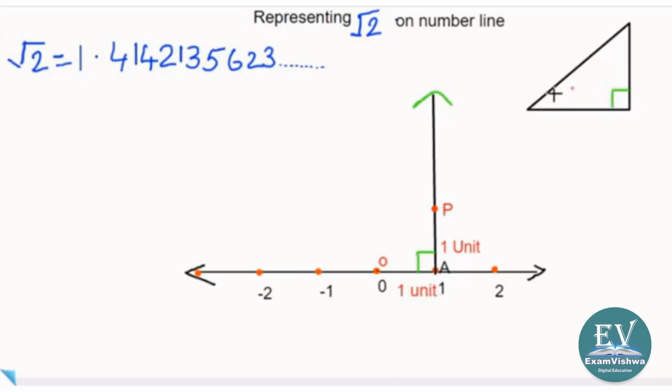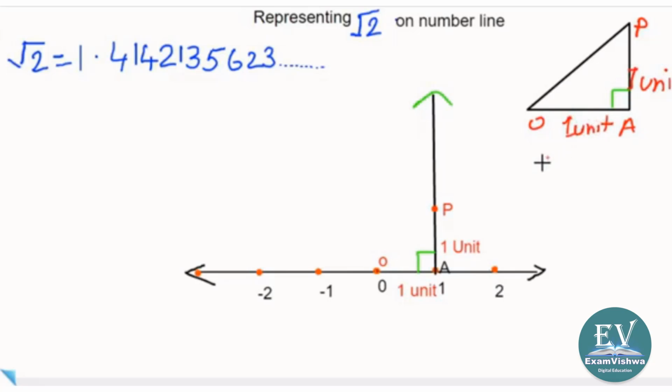Now this is 1 unit, I am marking the same over here. O here, A here, P here, 1 unit here. This is 1. Same way 1 unit here also.